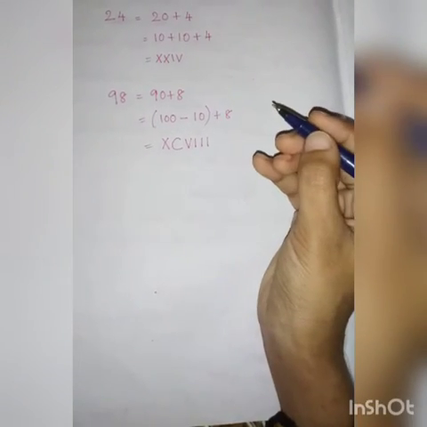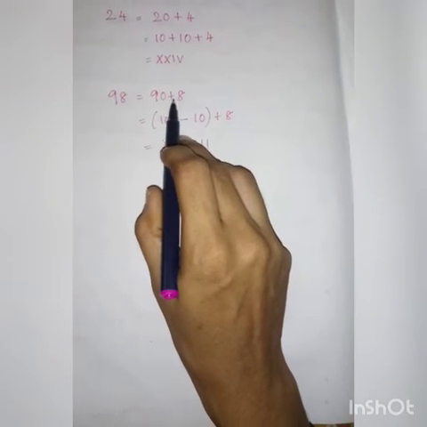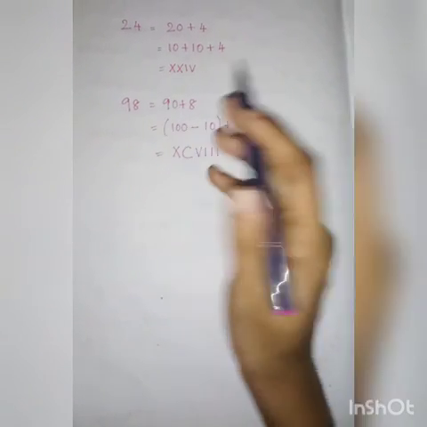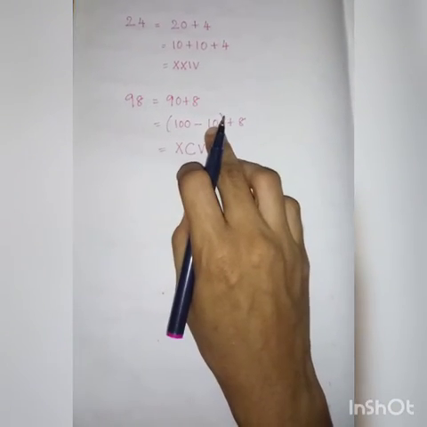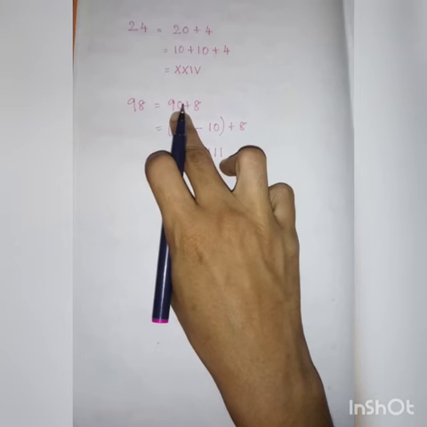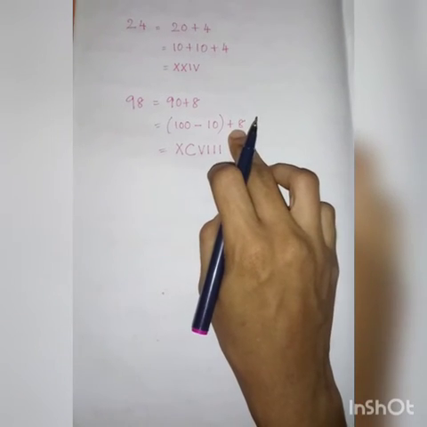VIII. So, 98 I am splitting into 90 plus 8, and 90 in terms of 100 because it is very close to 100. So 100 minus 10, which is nothing but 90, plus 8.